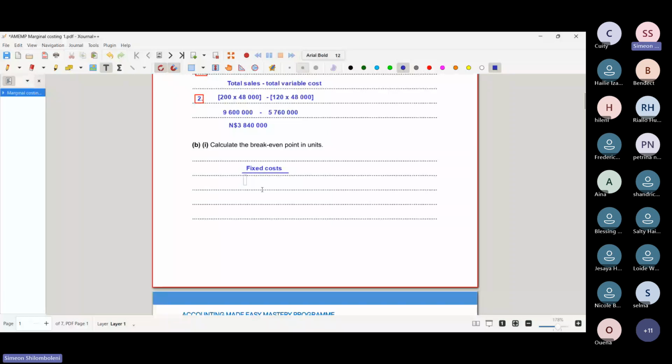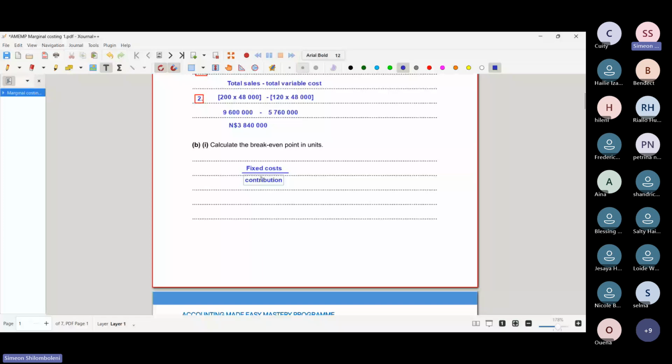Now, this is the direct formula, but I did not want to give it like that because if you memorize it as fixed cost divided by contribution, what happens if contribution is not given in the question and you don't know how to get contribution? You will just say, I couldn't calculate my break-even because they only taught us divided by contribution and the contribution was not given. So if you are advanced enough, you can write it that way.